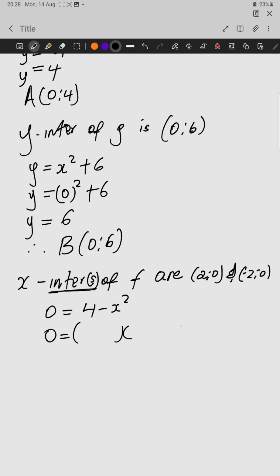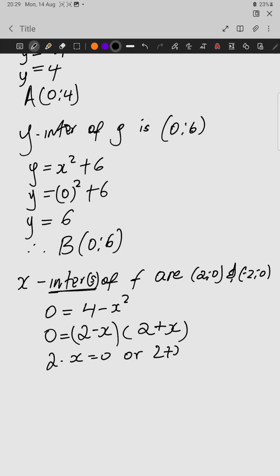This is a difference of two squares, so we put 2 and 2, x and x, one bracket minus and the other plus. Then we equate each bracket to 0, so 2 minus x is equal to 0 or 2 plus x is equal to 0, and then that means 2 is equal to x, or x is equal to -2.